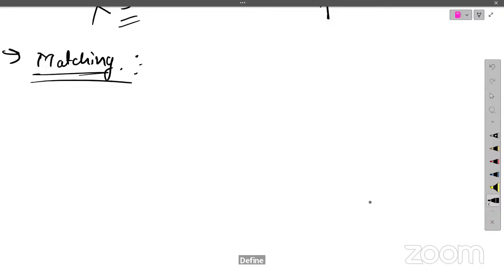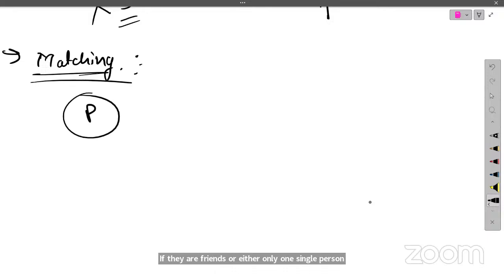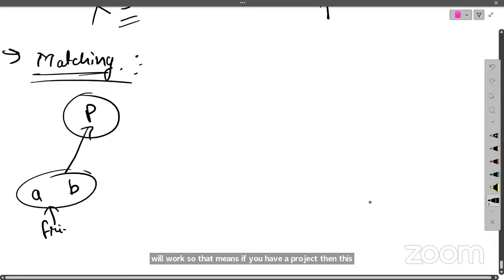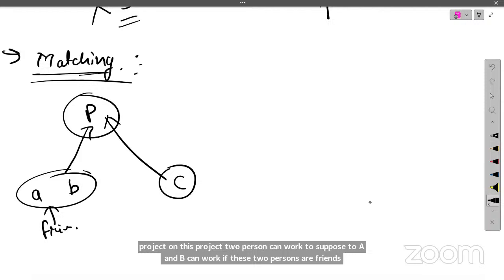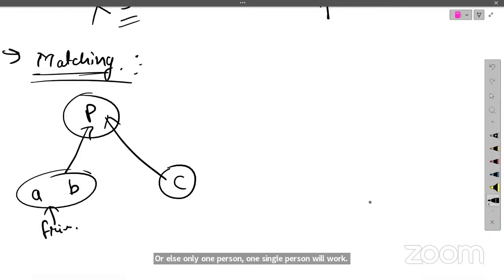The intuition of matching is, suppose you are in your classroom and someone gives you a project, and the condition is that on that project either two persons can work if they are friends, or only one single person will work. So suppose A and B can work if these two persons are friends. It is not the case that two persons work on a project and they are not friends.